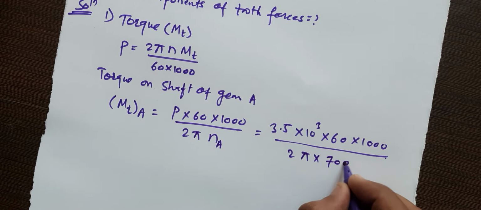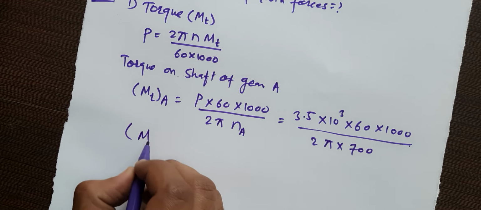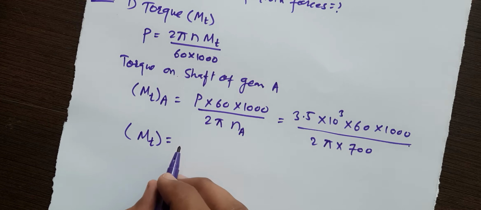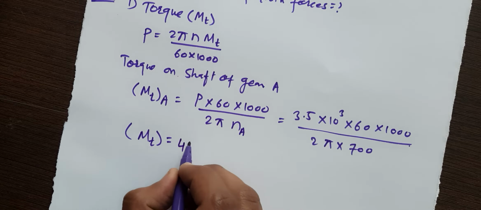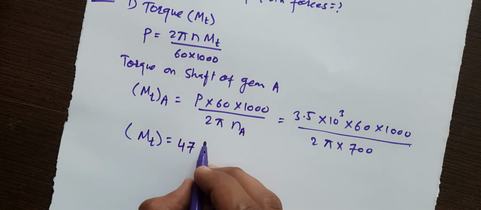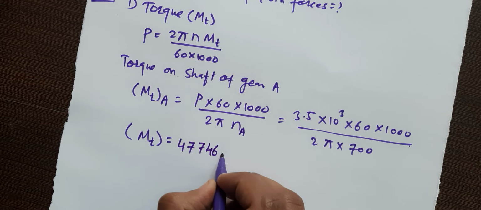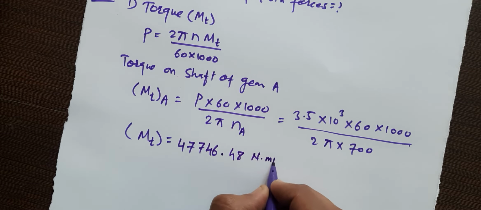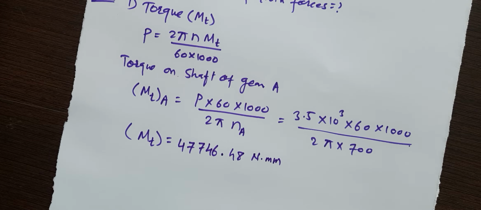After calculation you will get Mt is equal to 47746.48 Newton mm. So this will be your MtA.